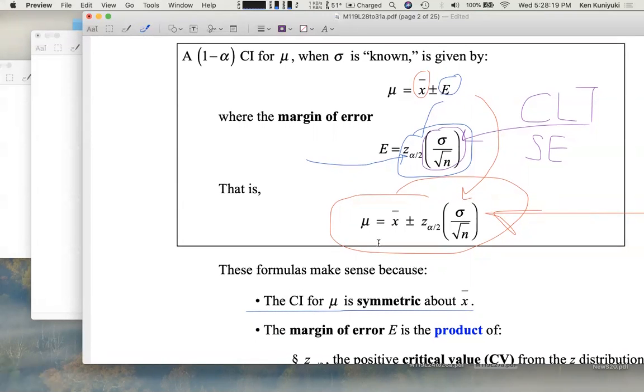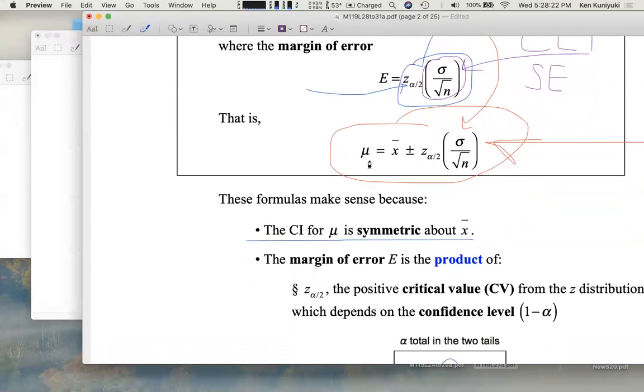So it kind of makes sense then. Of course, the confidence interval is centered at the sample mean, x bar. And then for the margin of error, we have this positive critical value. That's how the confidence level influences the margin of error and therefore the confidence interval. The confidence level tells us what this positive z-score is. And remember, the larger the confidence level, the larger the positive critical value is.